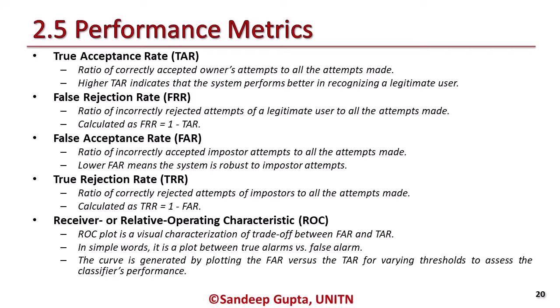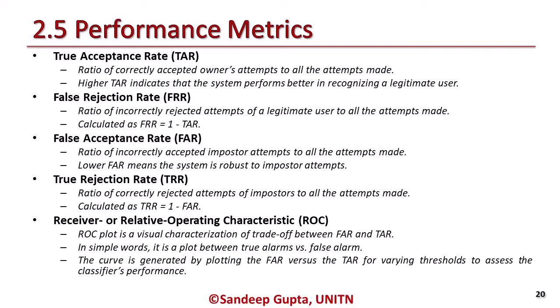It can be calculated as 1 minus true acceptance rate. False acceptance rate is a ratio of incorrectly accepted imposter attempts to all the attempts made. A lower false acceptance rate means the system is robust to imposter attempts. True rejection rate is a ratio of correctly rejected attempts of imposters to all the attempts made. It can be calculated as 1 minus false acceptance rate.